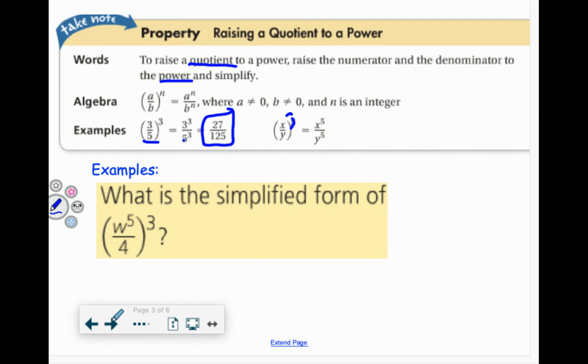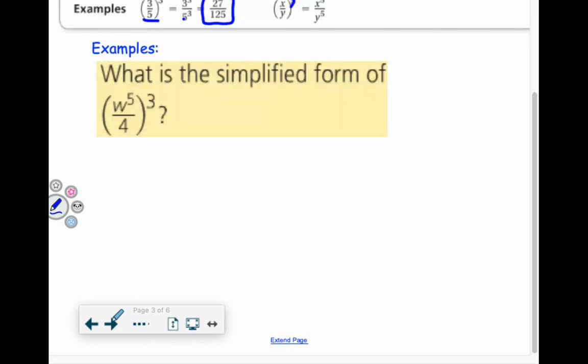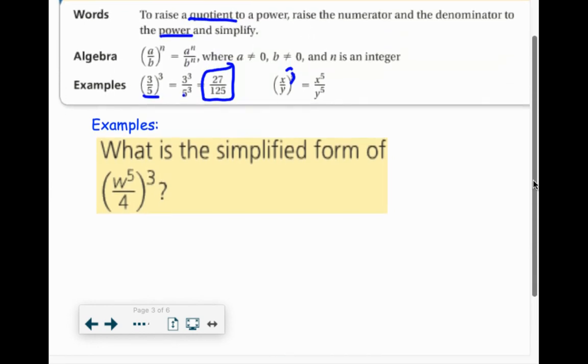So again, if we need to pause, feel free to do so as we move on to this next problem. Notice we have w to the 5th over 4 in parentheses, then raised to the third power.